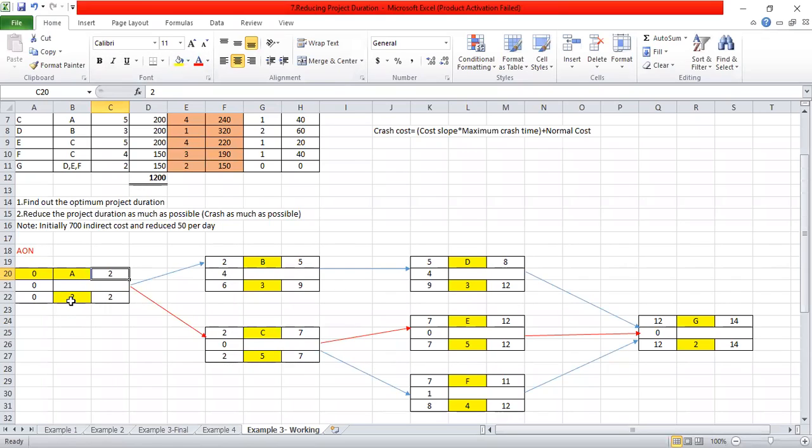For this 0, you are adding the duration of 2 and you are getting 2, right? And this 2 is coming for activity B as well. For this 2, you are adding 3 and you are getting 5, right? For activity C also, the early start is 2. For that, you are adding 5 and you are getting the early finish as 7.